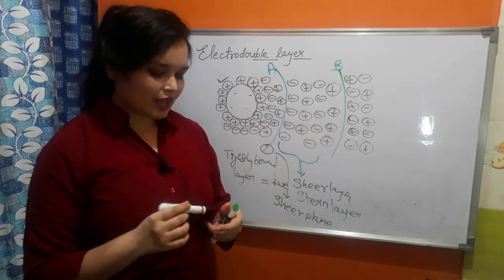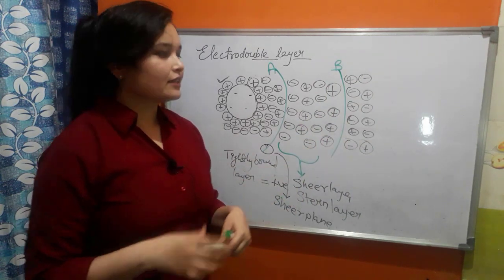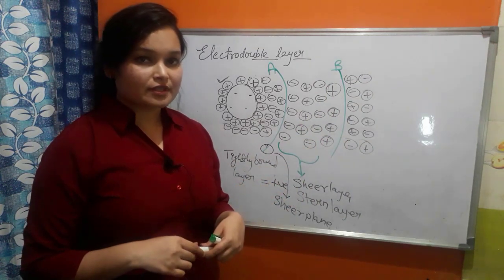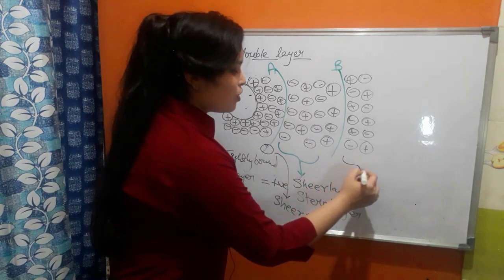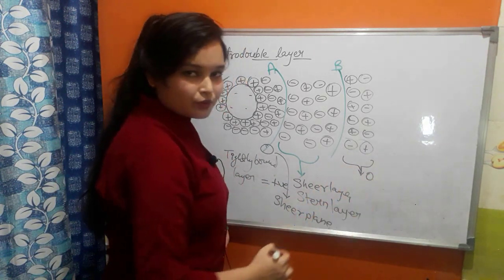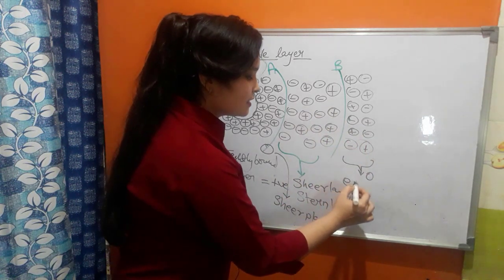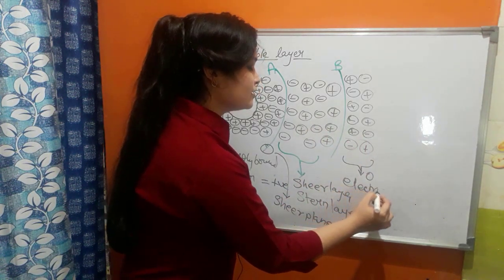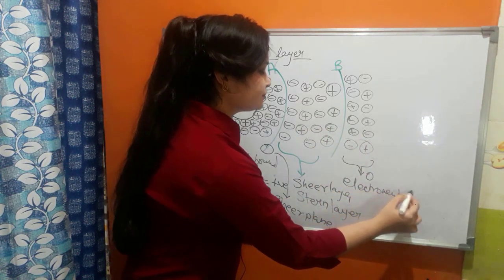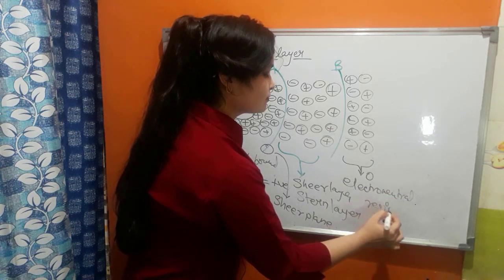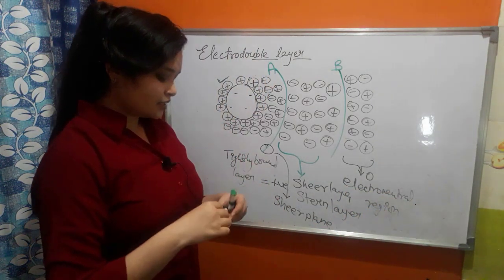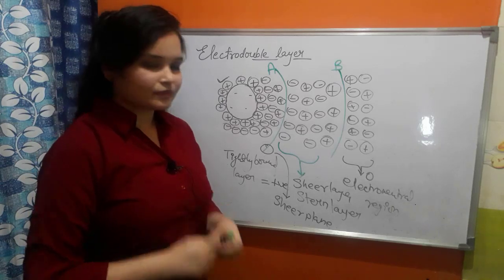What do you think will happen now? What will be the net charge? The net charge will be neutral. It will be 0. Because this net charge is 0, we name this layer the electroneutral region, just because there is 0 charge on that layer.